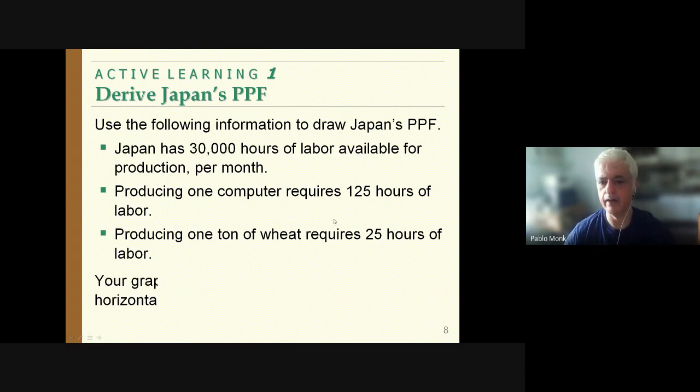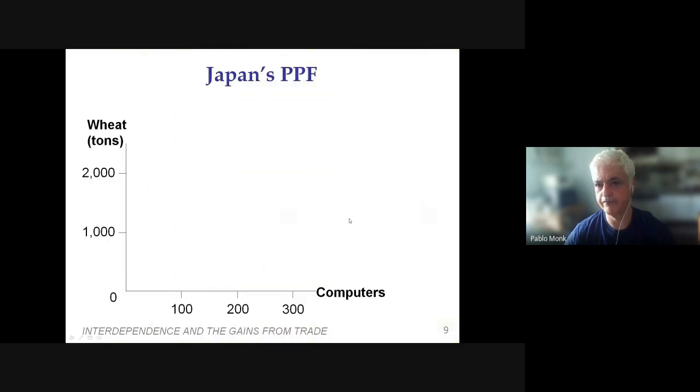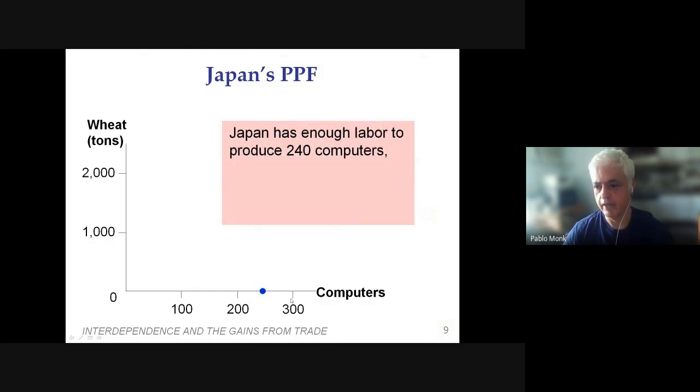So let's see what our graph would look like. Of course, we could choose computers or wheat on either side, but we might as well make it look like America. So on the left, we have tons of wheat. And then on the right, on the x-axis, we'd have computers. And so the maximum could be 240 computers, right?